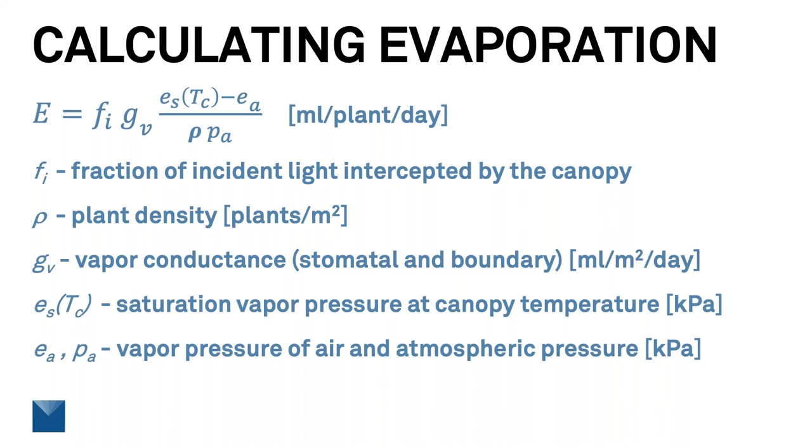We divide that by the plant density to convert from milliliters per square meter of bench area to milliliters per plant.